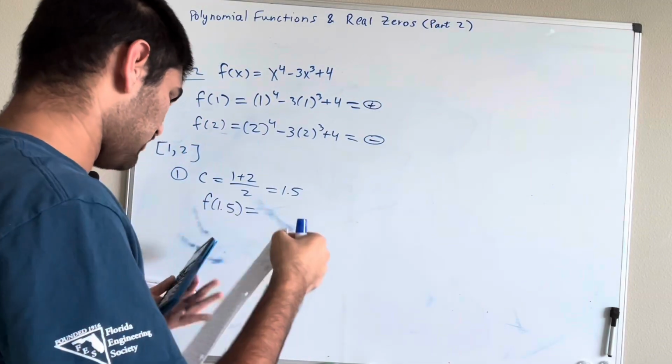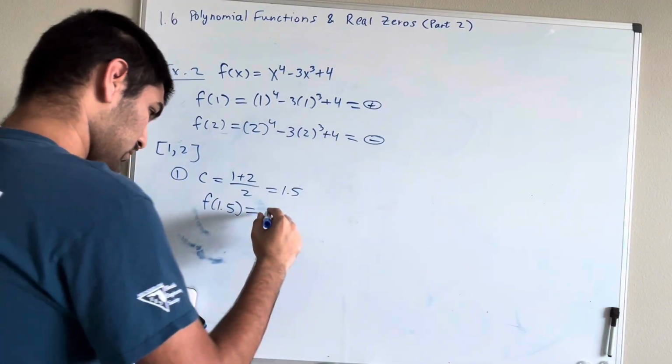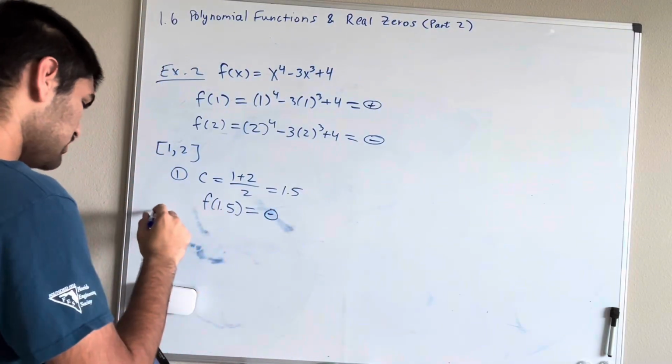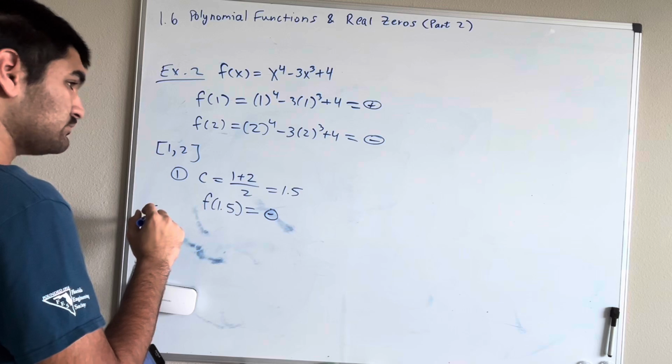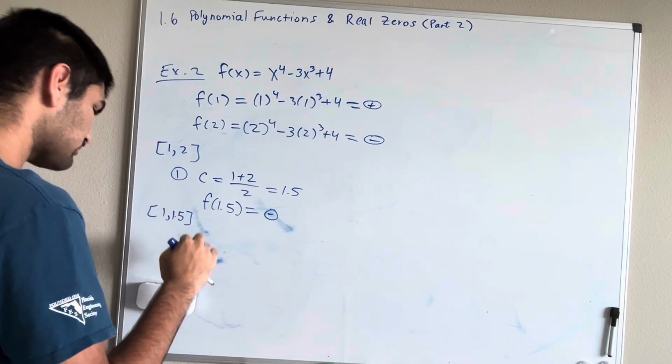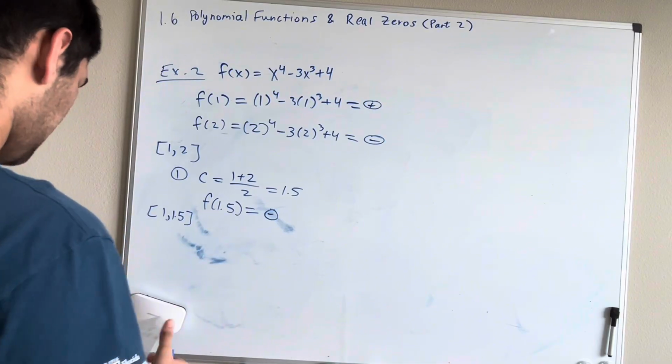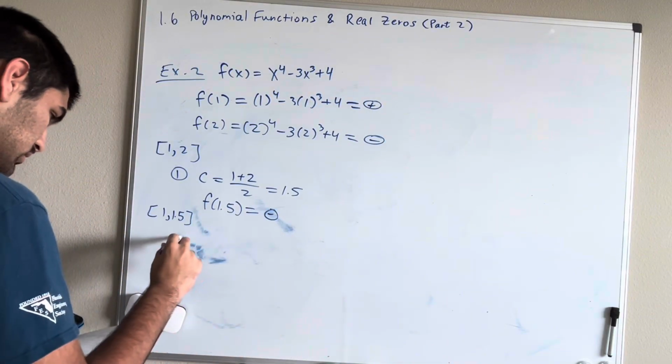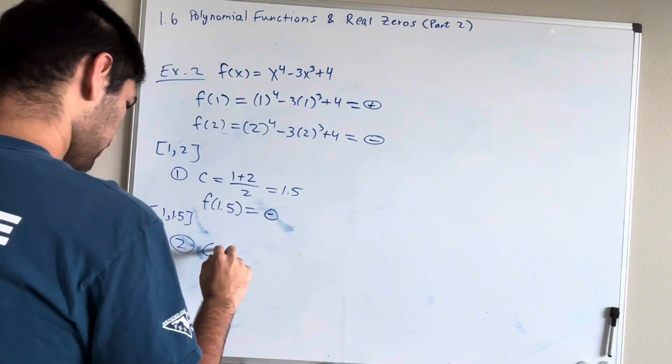You get a negative number. So that means our new interval is from 1 to 1.5. Okay, good. Next, do one more. Let's do 2 more iterations.